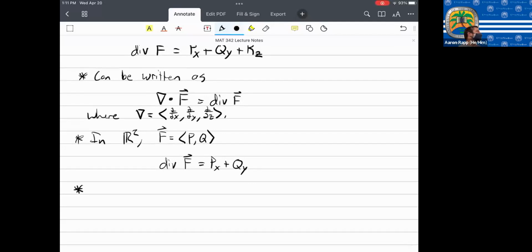So when it comes to vector fields, the question is, okay, this is a calculation I can do, but what is it actually trying to describe for me?